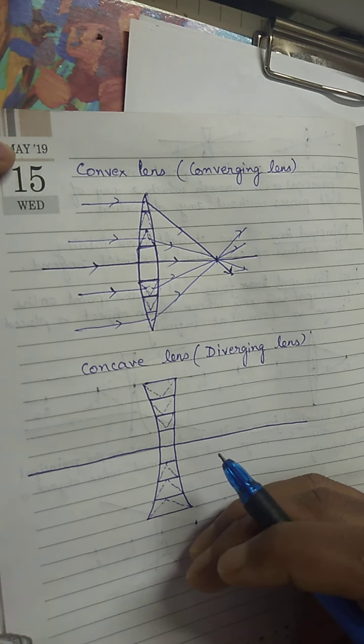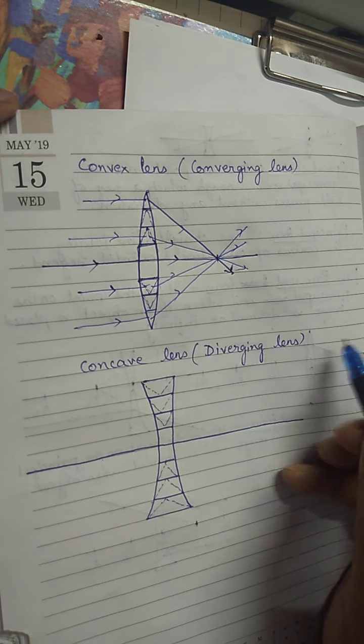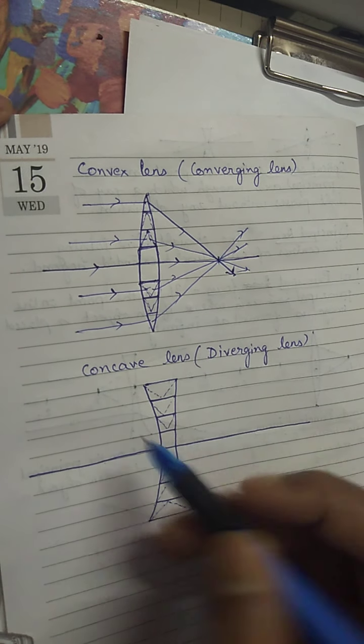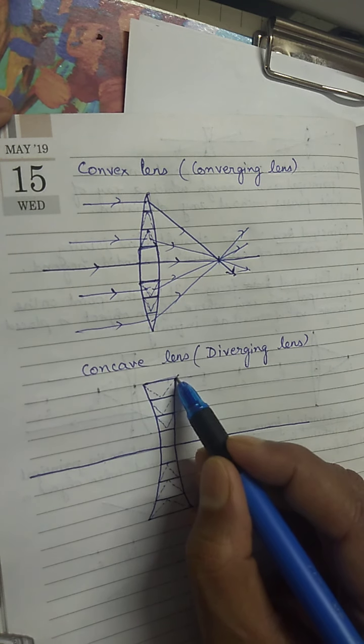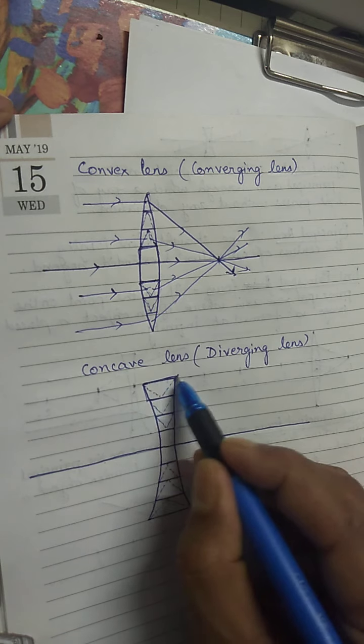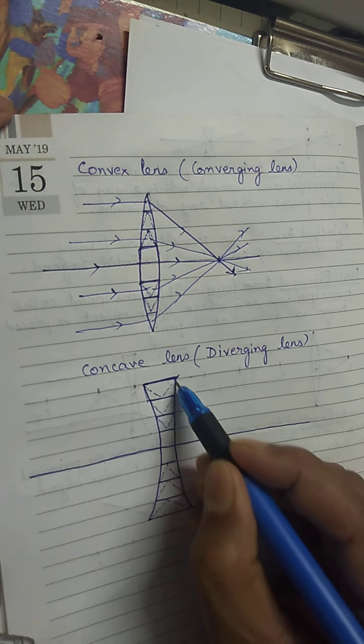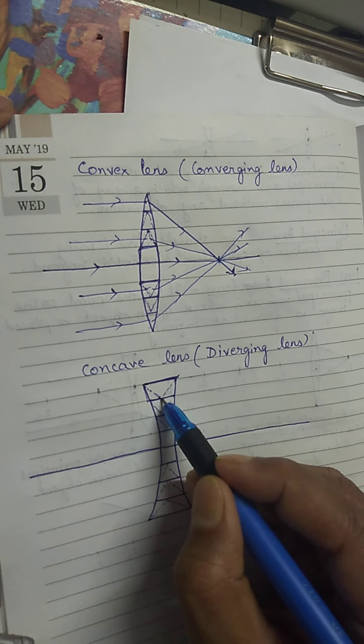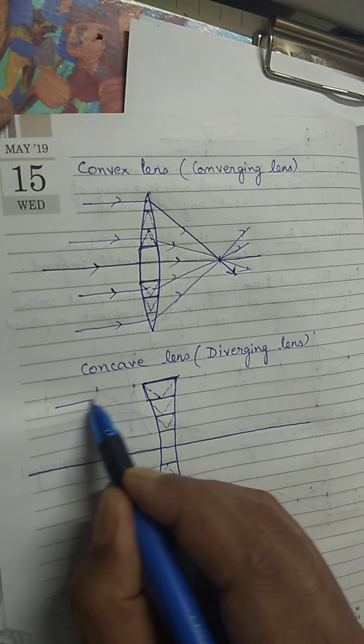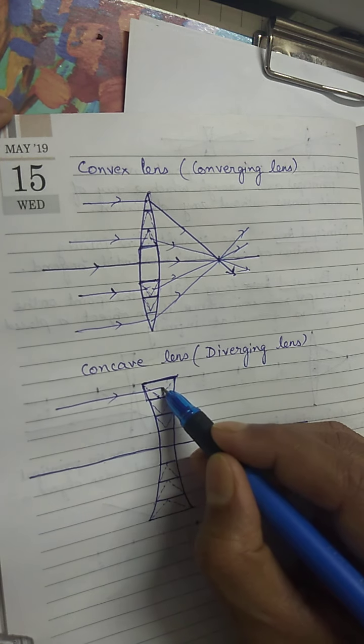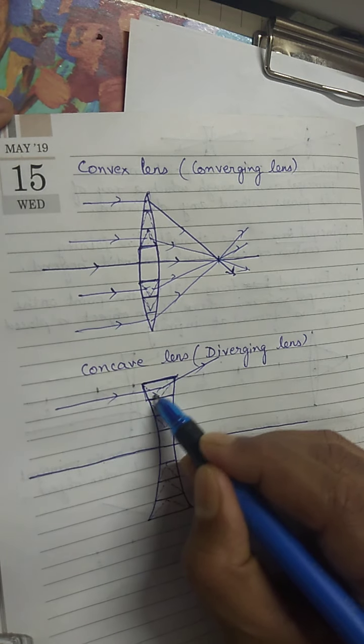In case of concave lens, it is regarded as a diverging lens. Why? The same concept we can apply. Suppose for this part, this is the broader part, so this can be considered as a prism, and this the base of the prism. So this ray coming here, after passing through the prism, will diverge out.